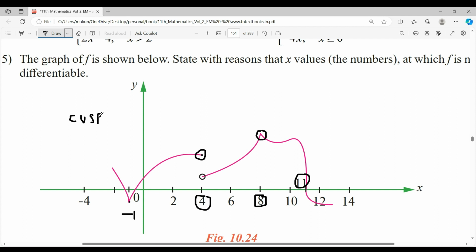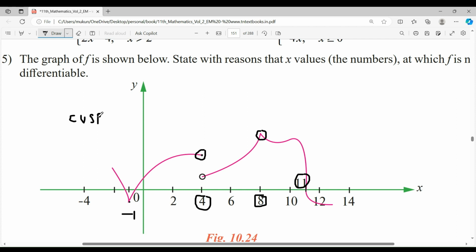And because the curve changes direction as it moves through the point -1, in these cases your d by dx for the left hand derivative, if it is say positive, then your right hand derivative will be negative.